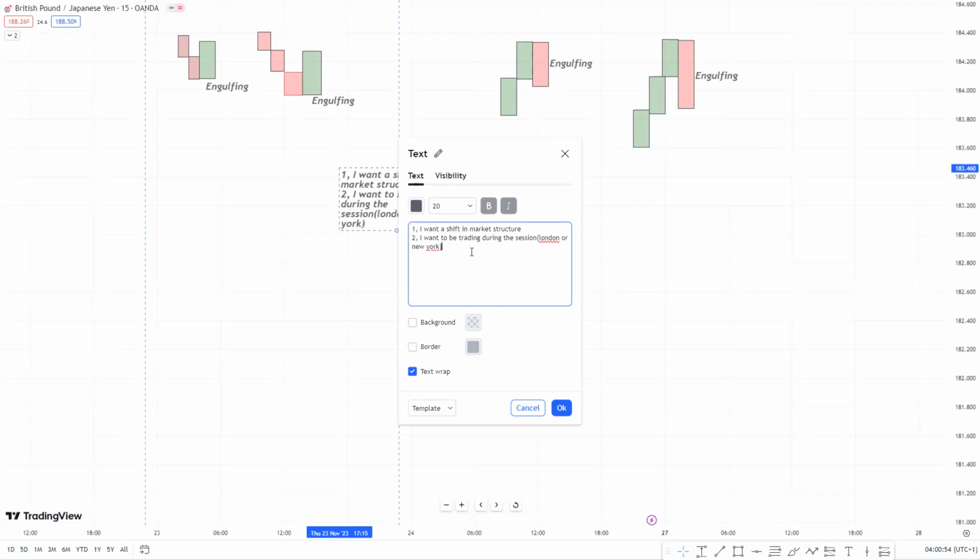And now the third rule would be the retracement has to be the candle pattern for entry.